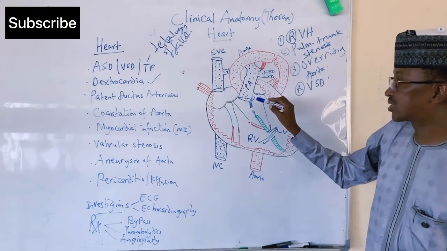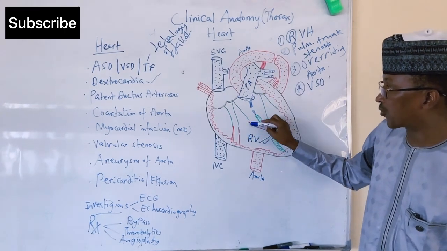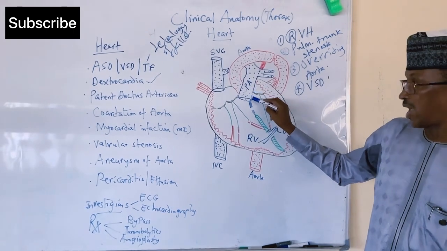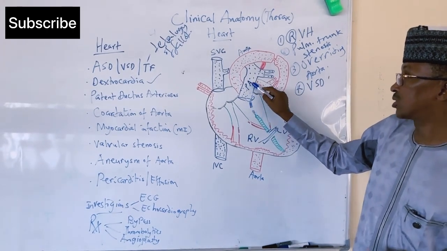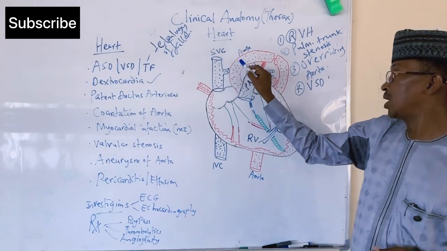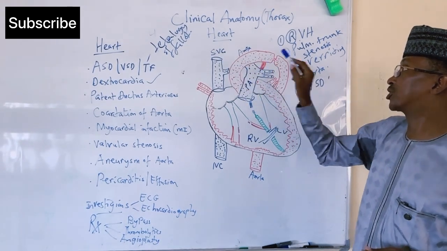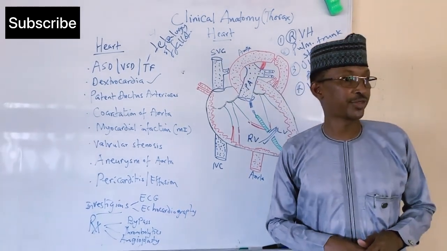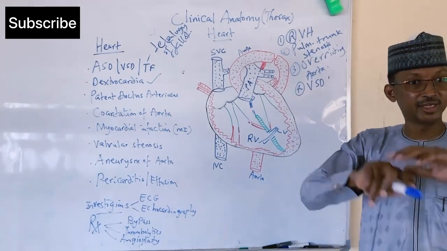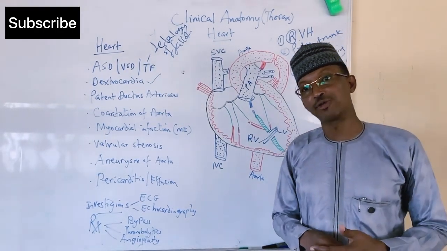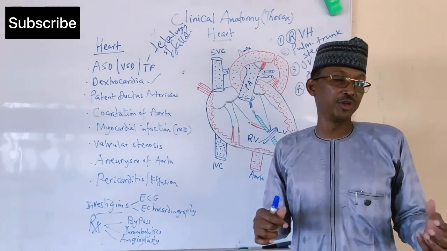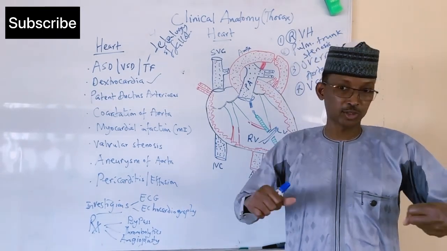That means deoxygenated blood from the right ventricle, as it is being pumped into the pulmonary trunk, gets distributed into the right lung and the left lung. Some portion of it will be mixed with the arch of the aorta, and then it gets distributed into different parts of the body. But it all depends on the size of the ductus arteriosus.